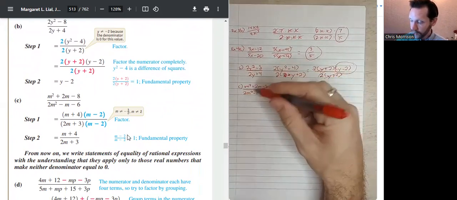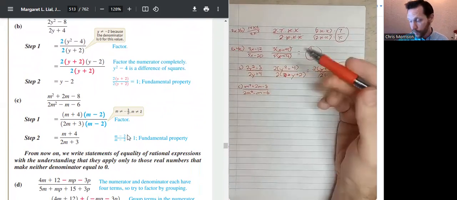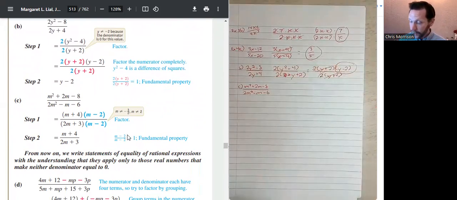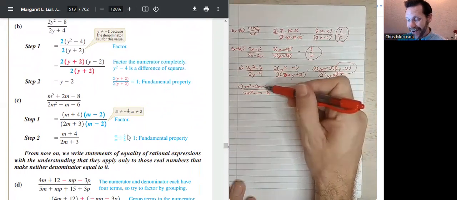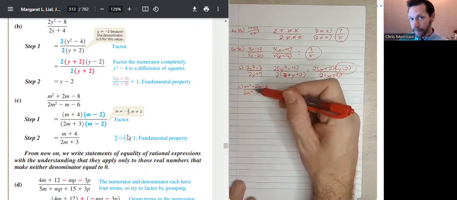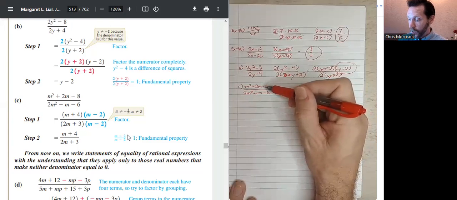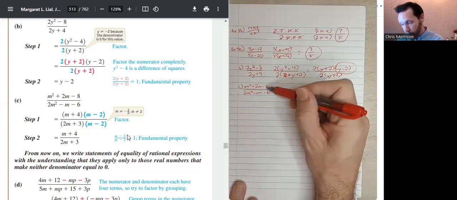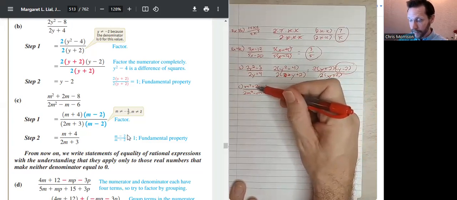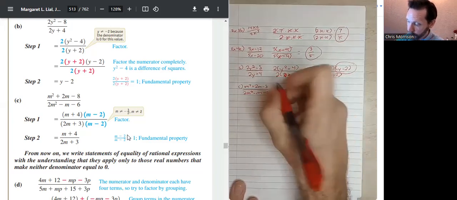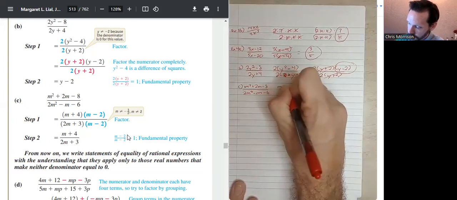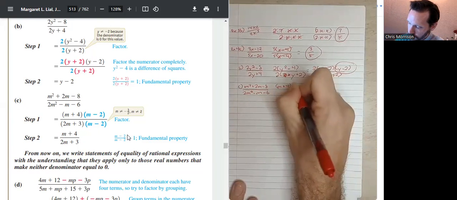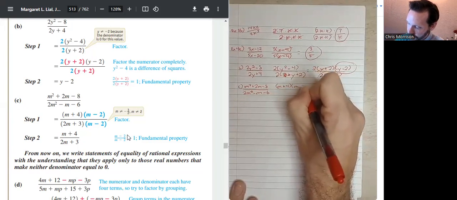This should be pretty straightforward. These are both trinomials. They're just quadratic equations, so I can factor them into binomials. What are the factors of negative 8 that give me positive 2? Well, I can take positive 4 times negative 2, and then I add those to get positive 2. So (m plus 4) times (m minus 2).